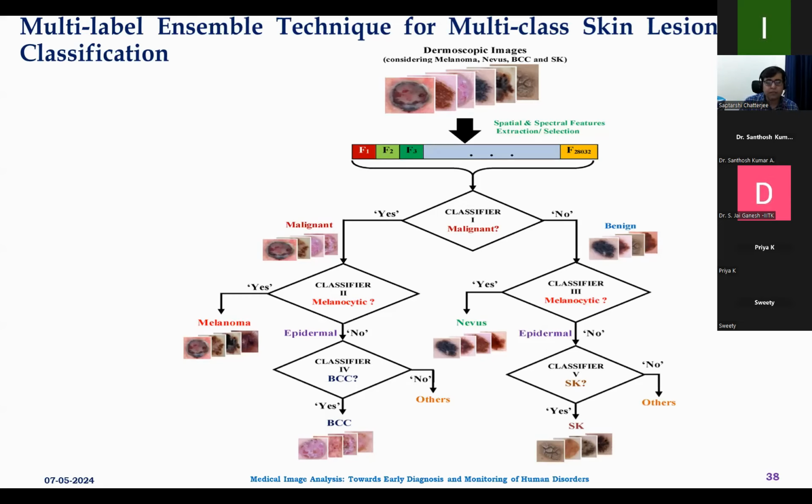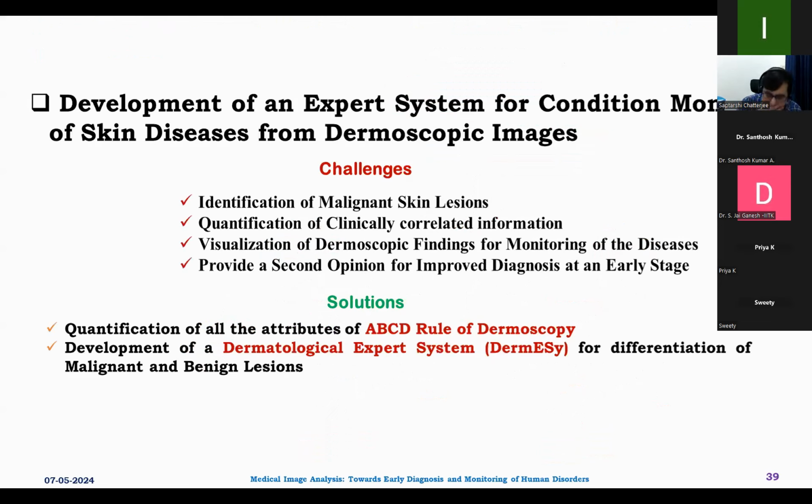So that's why we have used the ensemble multi-class classification technique. Now when we were doing this research, we came across one thing: in medical applications, whatever we do must be justified or clinically correlated with the doctors.